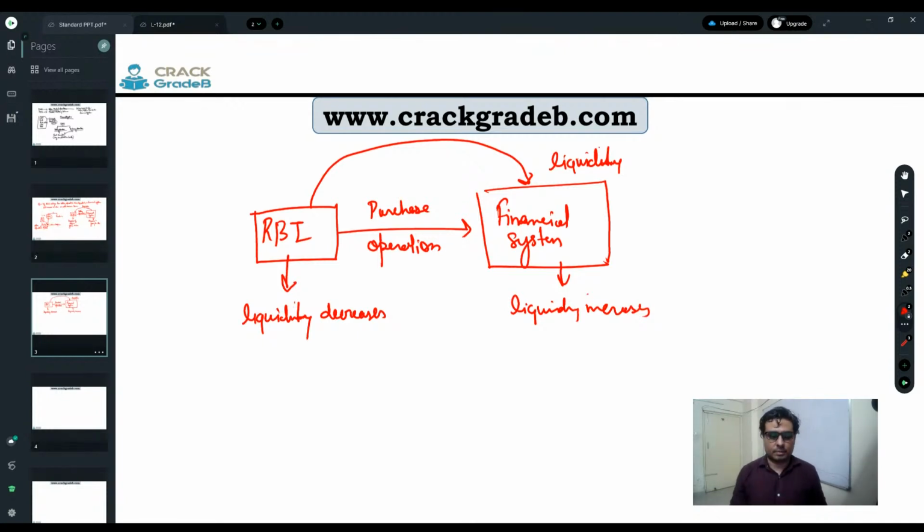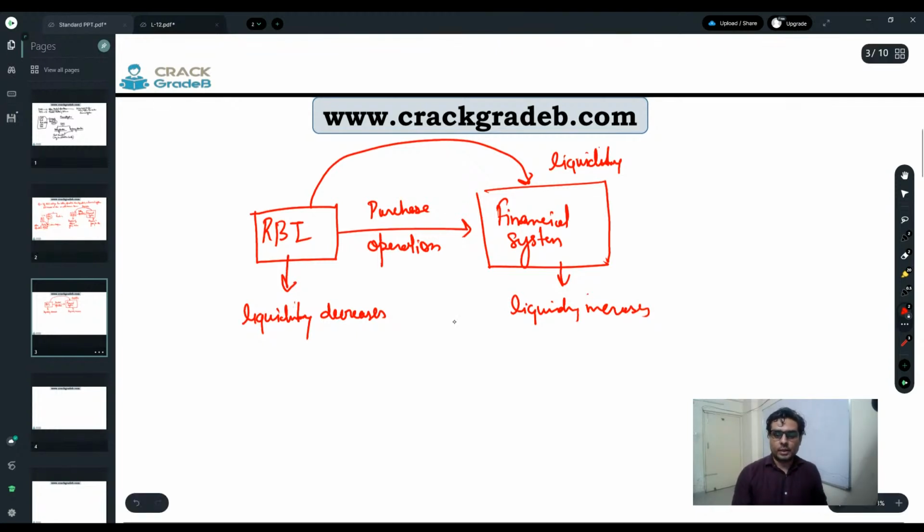So this is the simple thing: open market operations are used for increasing or decreasing liquidity, intended not only for banks but for the entire financial system. A question can come in that manner also: RBI wants to increase or decrease the liquidity of the entire financial system.